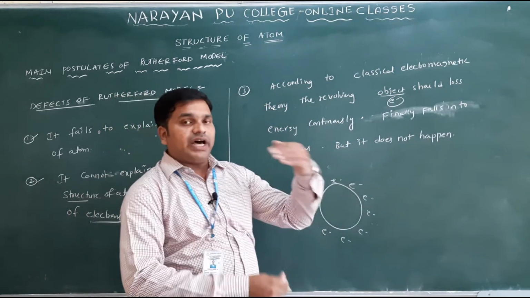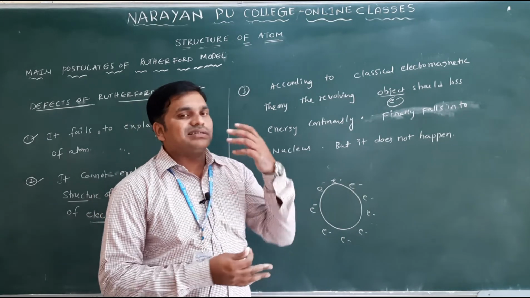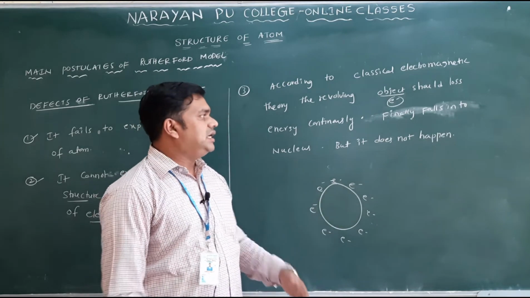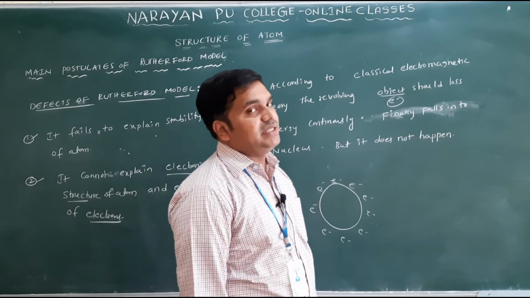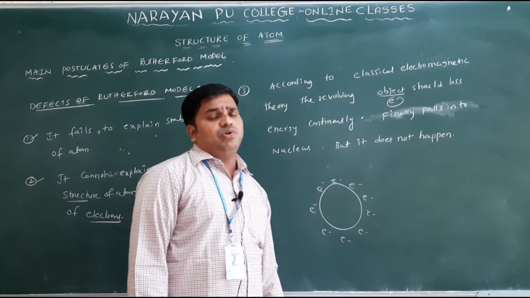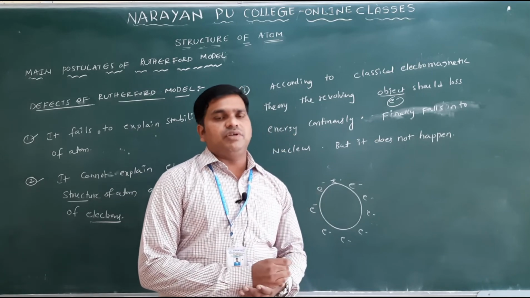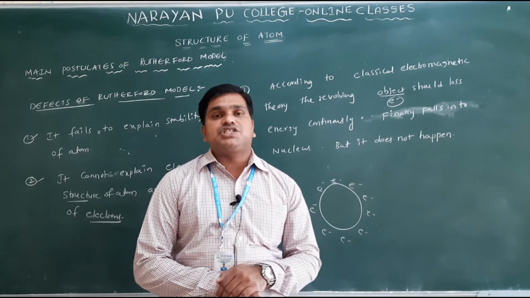Whenever they move with high speed, they lose energy continuously, and finally they will fall into the nucleus, but it does not happen in this case. This point also cannot be explained by the Rutherford model. Centrifugal force and Coulombic force both balance, then it gives the stability of the atom.